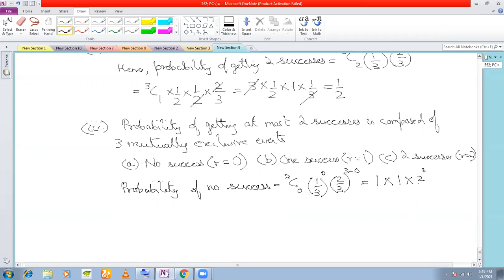And this is 2 cube by 3 cube, which is 8 by 27. So you have calculated the probability of no success.